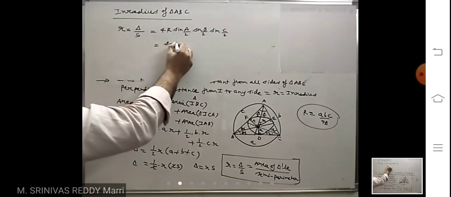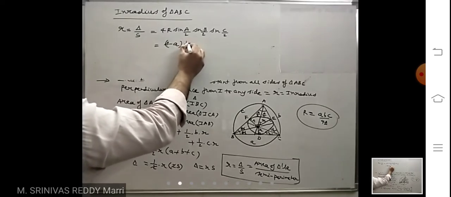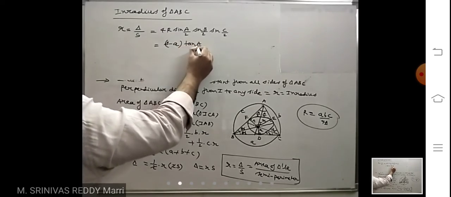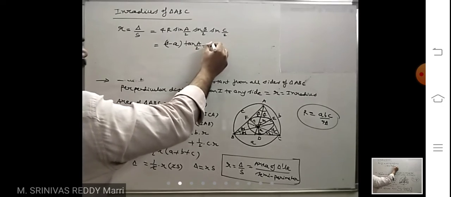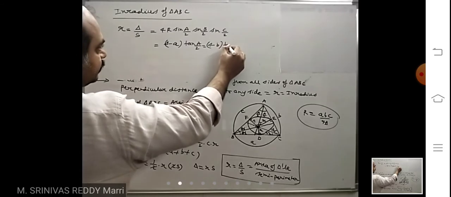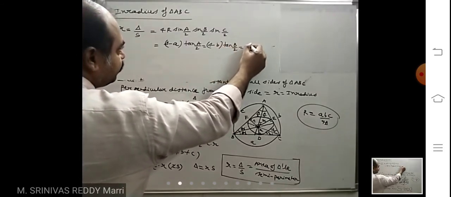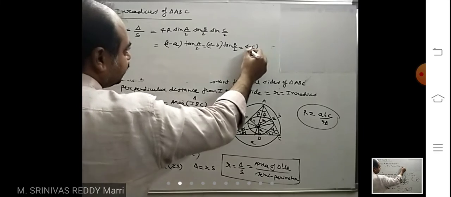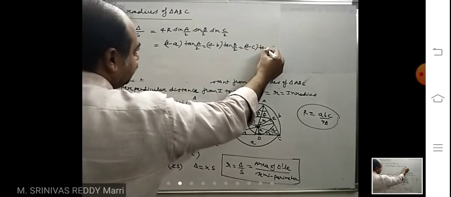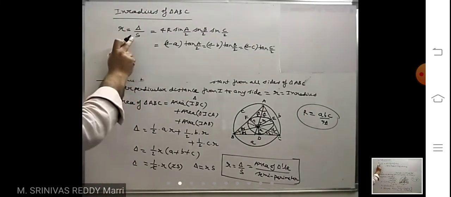Some other formulas also: S minus A tan A by 2. This is one more formula. S minus B tan B by 2. S minus C tan C by 2.